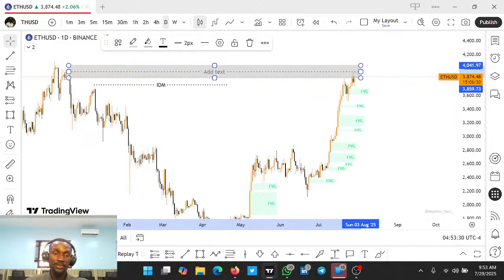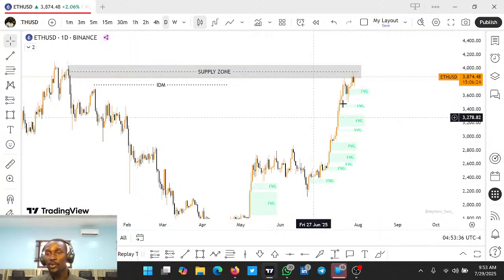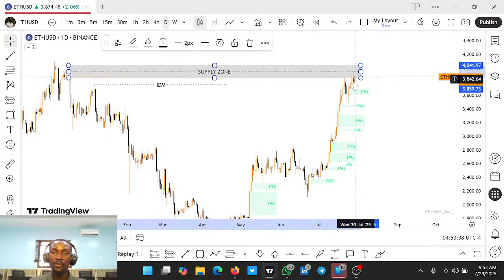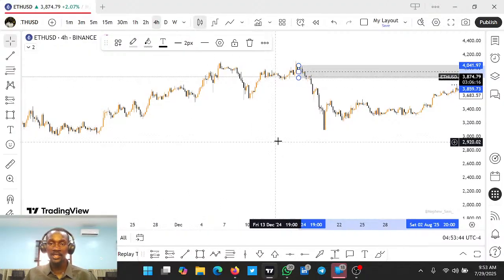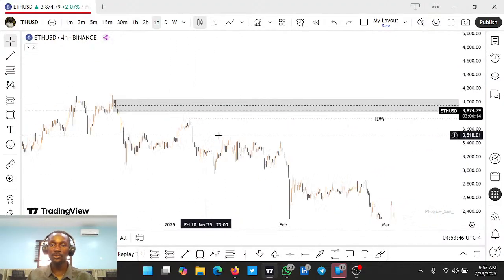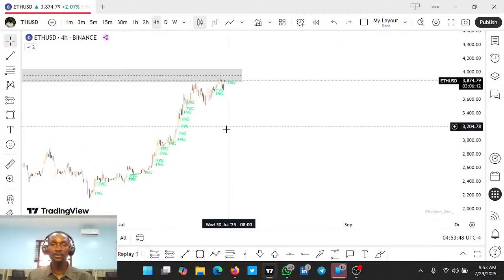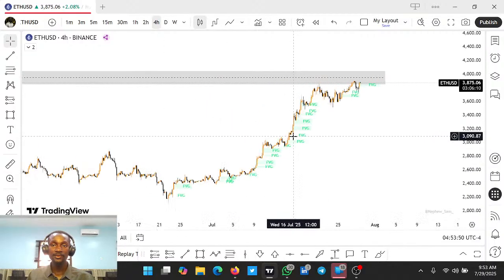So I am bearish on Ethereum, and should look for a confirmation to sell Ethereum because the market is currently reacting to a supply zone on the 4 hour time frame.